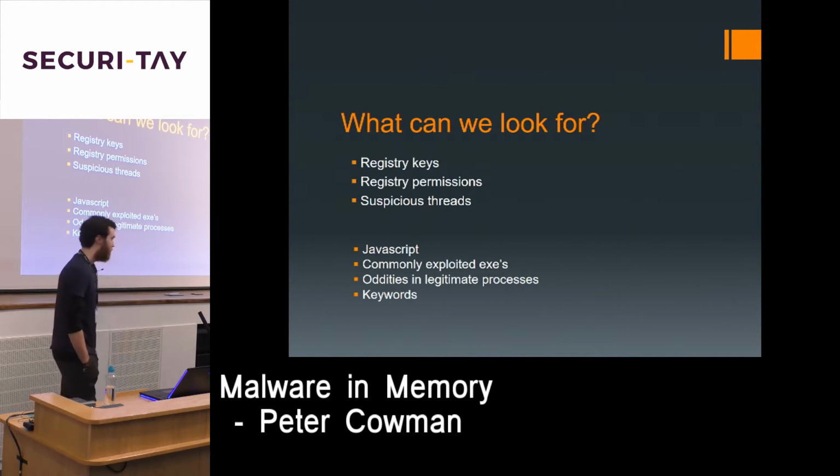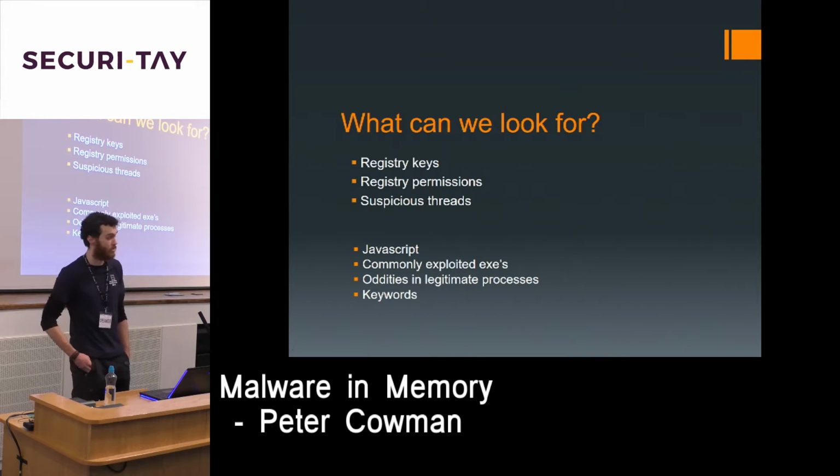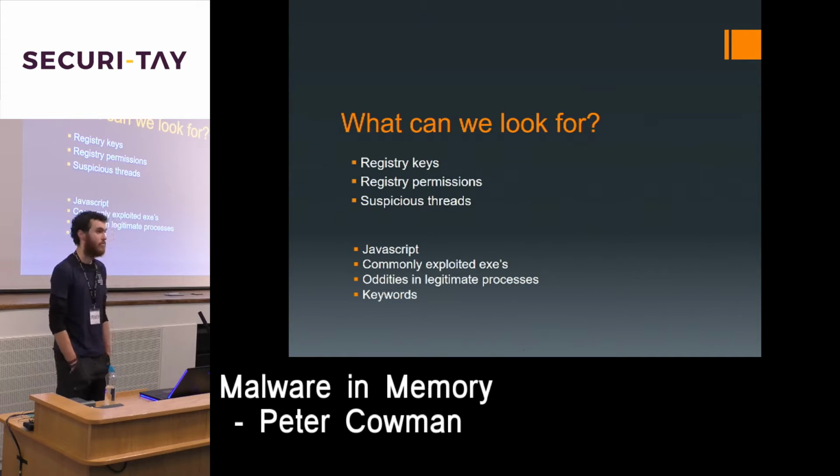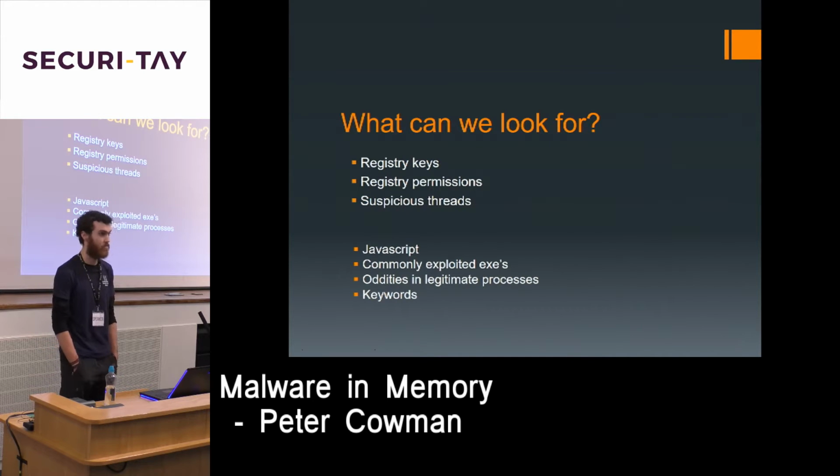So based on that, what can we look for in memory that might actually be valid to us? First of all, you've got the registry keys, obviously. You've got permissions, as I mentioned with PowerLiks. It messes with the registry permissions to try and make them harder to find.